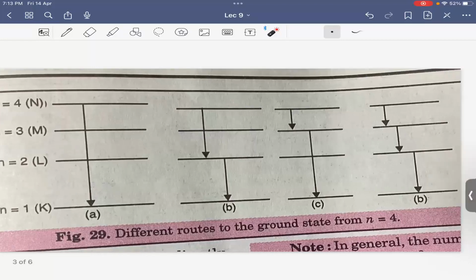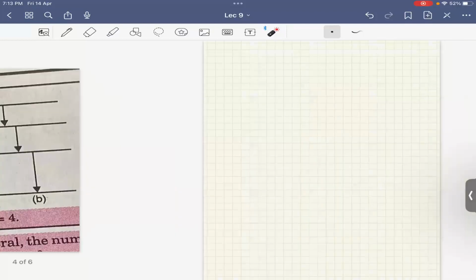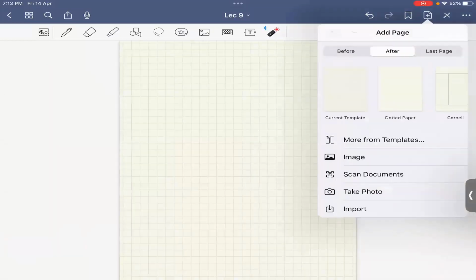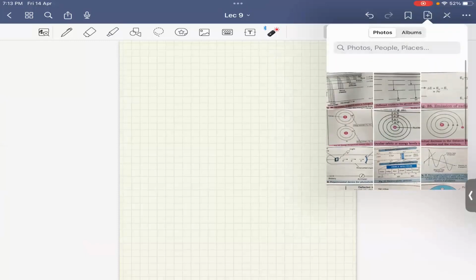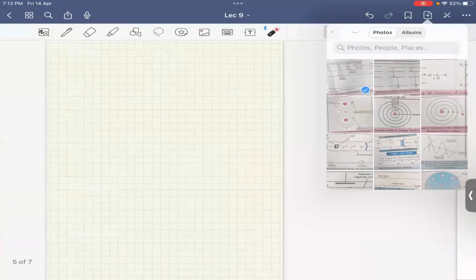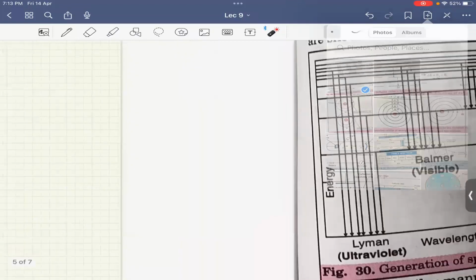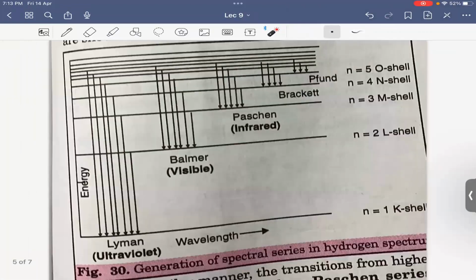If I were to tell you using the image, you can see this is the image. If from any energy state the electrons directly go to the ground energy state, then we call it a Lyman series, and these all lie in the ultraviolet region. Let's say this is the initial state and it directly goes to the ground state.